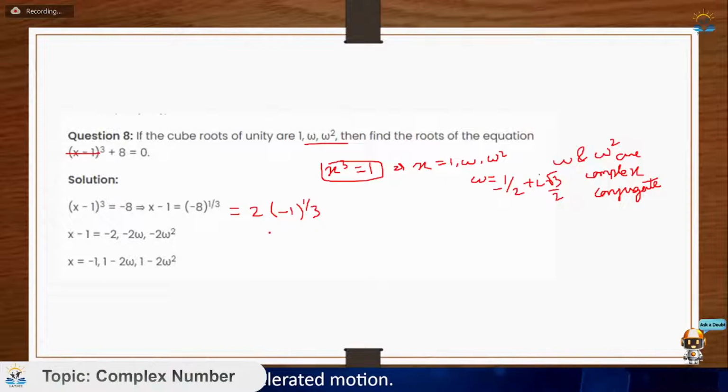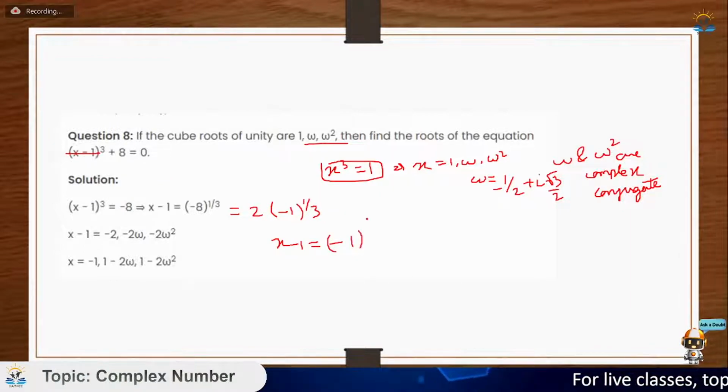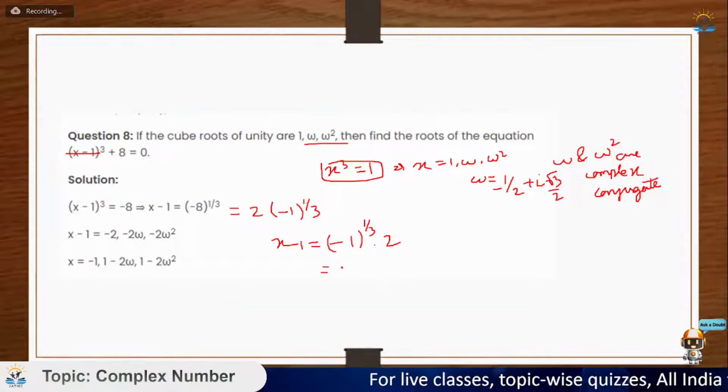So x minus 1 is equal to minus 1 power 1 by 3 into 2.